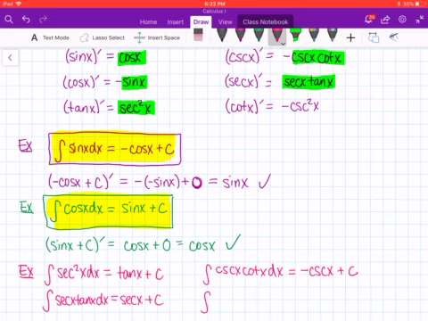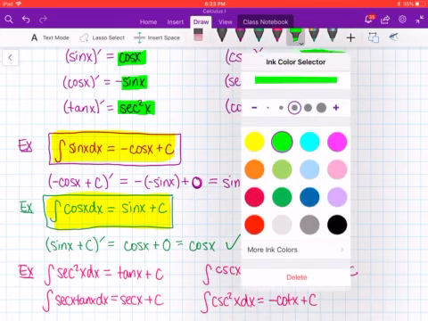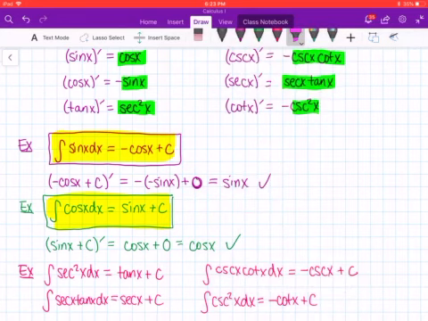And finally, we got just cosecant squared x dx. To correct for that negative sign, we got negative cotangent x plus c. Now you could actually take the derivatives of our solution, our antiderivatives here.